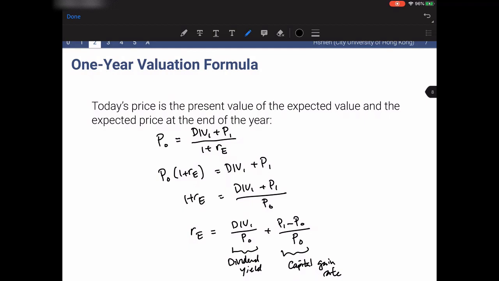So what I want to do eventually is to find a way to substitute P1 minus P naught over P naught with something, okay? And we can actually do this recursively using this expression here, right? So what we can do is continue substituting P1 with the next iteration of dividend payments plus future prices.